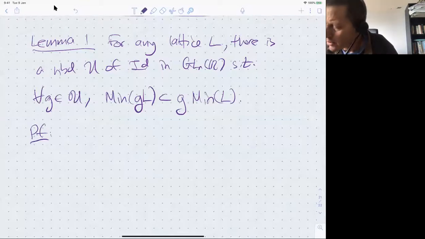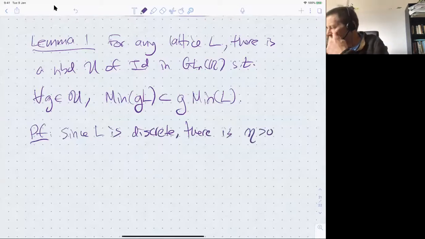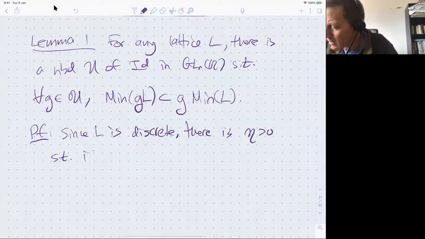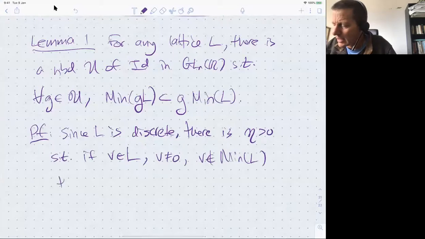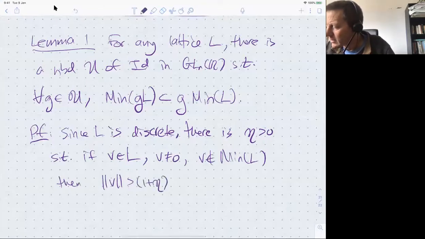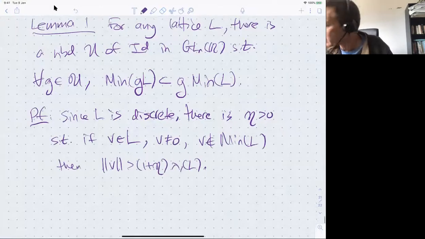Since L is discrete, there is some positive number, which I'll denote by eta, such that if v is some vector in L, v is not 0, and v is not a minimizer, then the length of v is strictly bigger than (1 plus eta) times lambda 1 of L. So all vectors which are not the shortest are longer by some definite amount by discreteness.